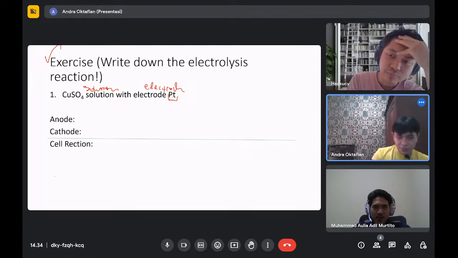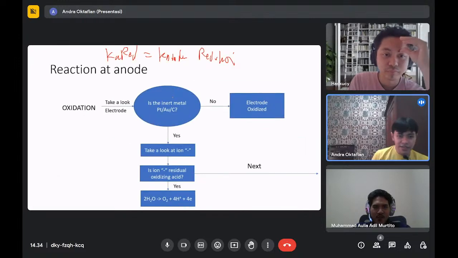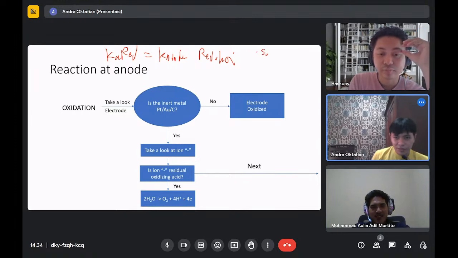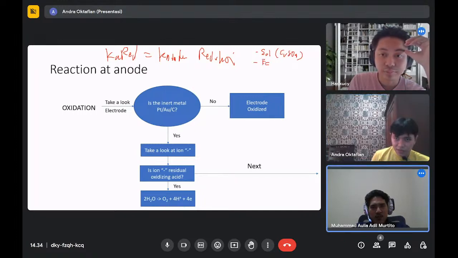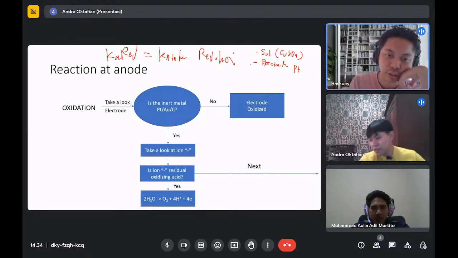So we take a look at the diagram flow, and we need the solution and the electrode, Pt, and then the ion. The most important information is the solution, copper sulfate, and lastly you see the electrode is platinum.